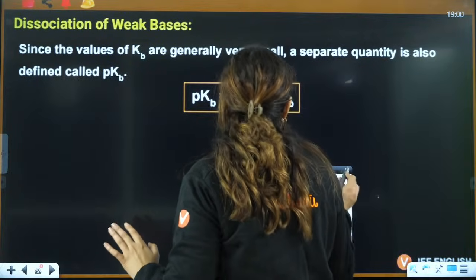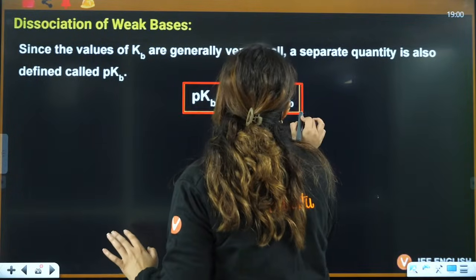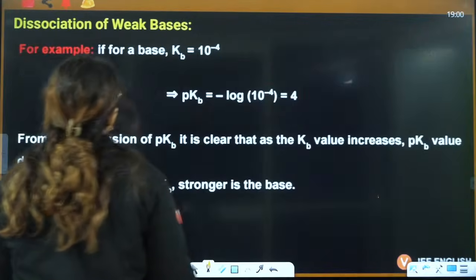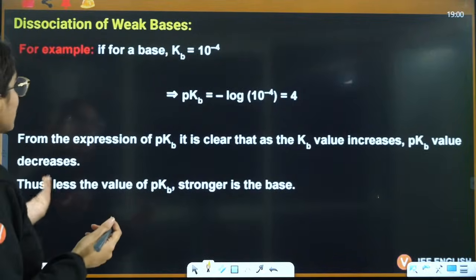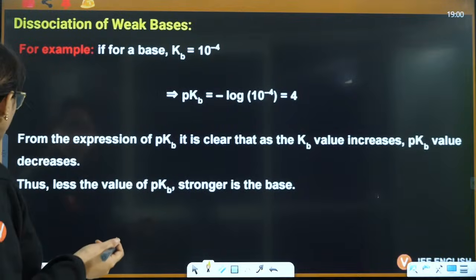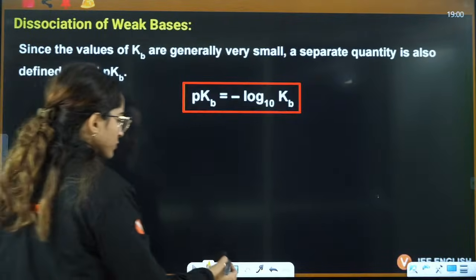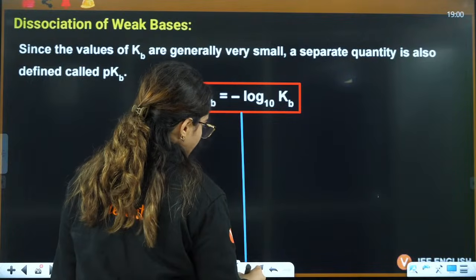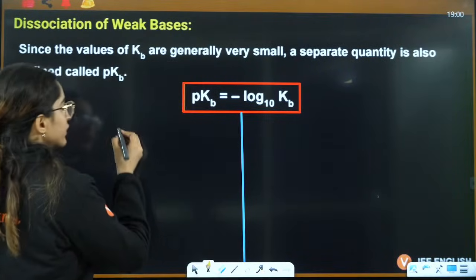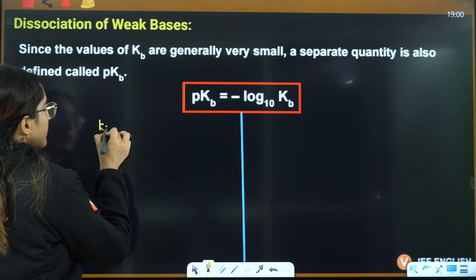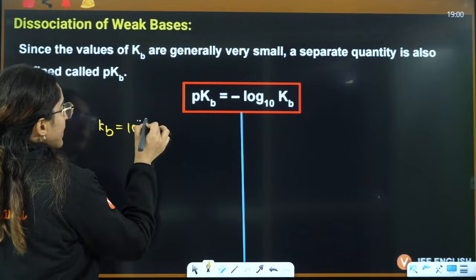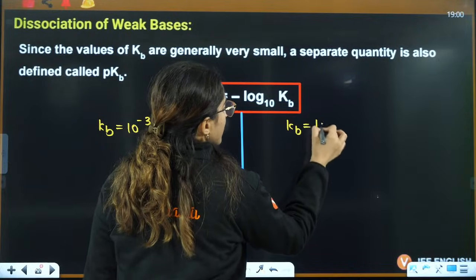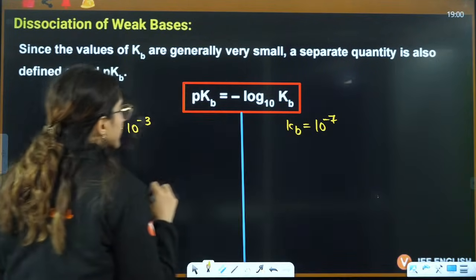Now, when you solve this for two different Kb values, let's take an example. Let's solve it for Kb equal to 10 raised to power minus 3 and Kb equal to 10 raised to power minus 7, right?